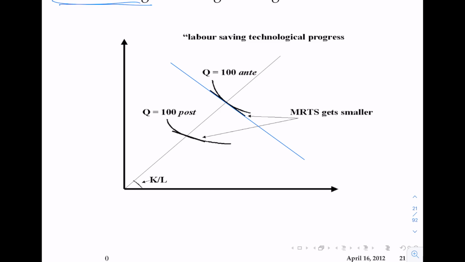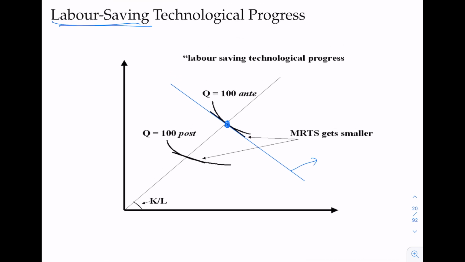Like in the consumer theory, your optimal decision is made where the budget line is tangent to the indifference curve, right? So we're going to see something similar, not exactly the same. And there, the slope of the budget line is represented by the price ratio of the two goods, right? So here we're talking about labor and capital. So the price ratio will be with respect to the price of labor, which is wage, and R is the price of capital, which is rent.